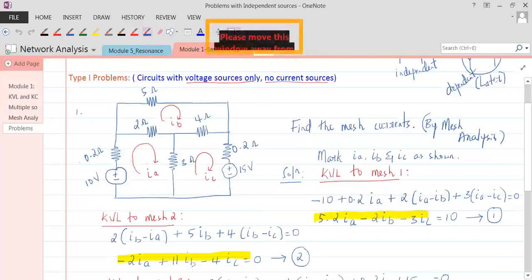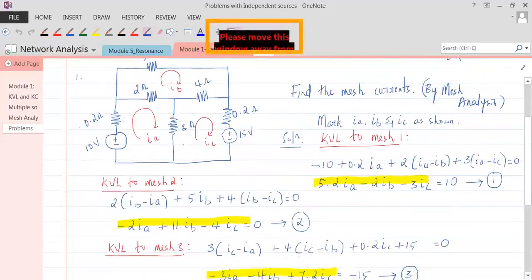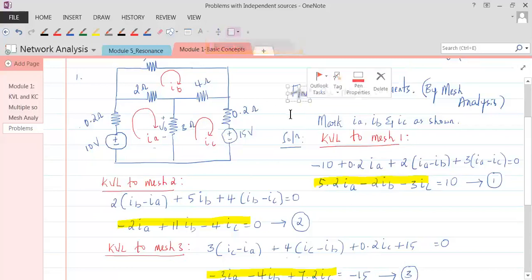Suppose, just for the sake of discussion, there is a V naught here. How to find V naught? Anybody? Suppose they say find V naught by mesh analysis. What are we supposed to be doing?